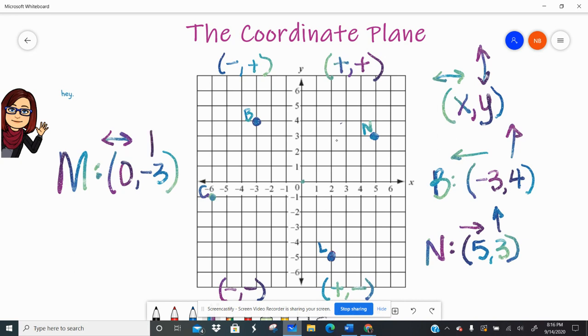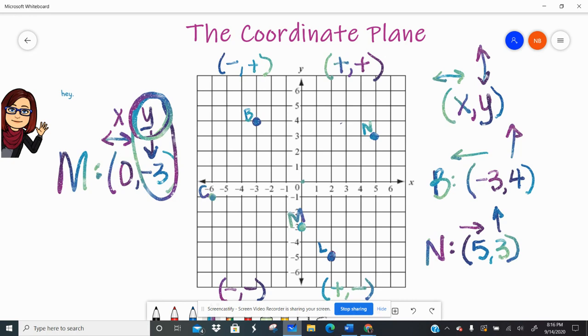So then I go straight to the Y, and that's a negative, so I go down 1, 2, 3, and look there, I'm on the Y axis. There's a little trick to figure out what axis you're on. If you put the X, Y above the numbers, and you circle the non-zero number, it'll tell you what axis you're on. So you don't even have to graph it to know where you're located.